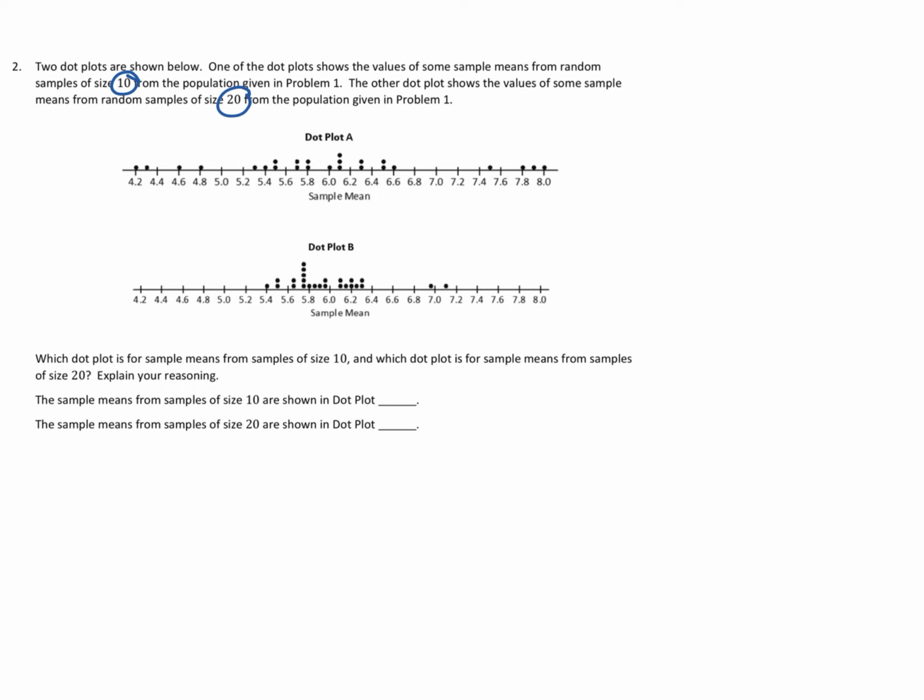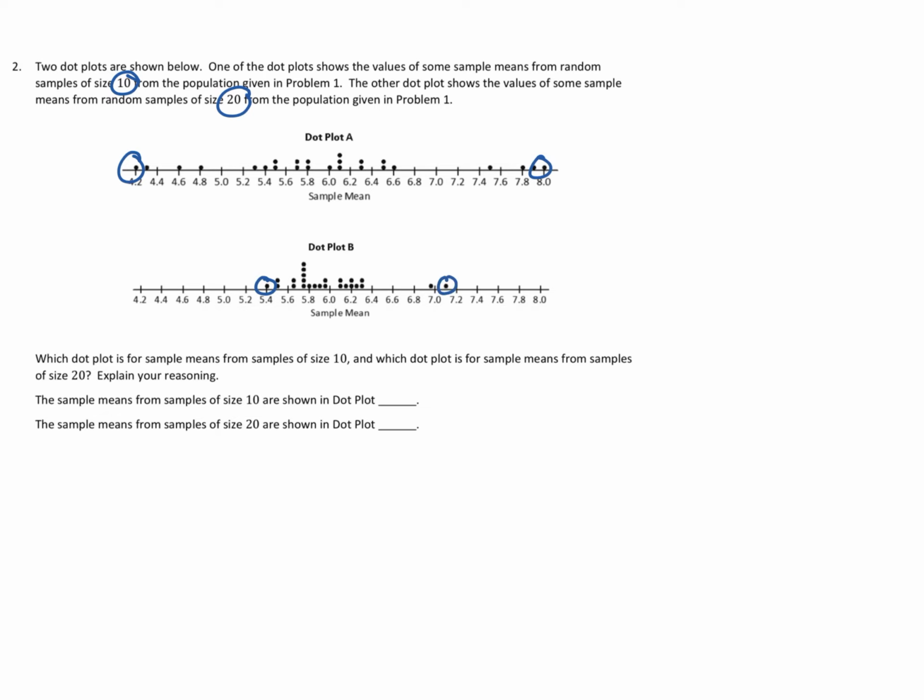So, like I said, the more data you collect, the less sampling variability you have. Here we go from 4.2 to 8, and then this one we go from 5.4 to about 7.1. Which one has less sampling variability?